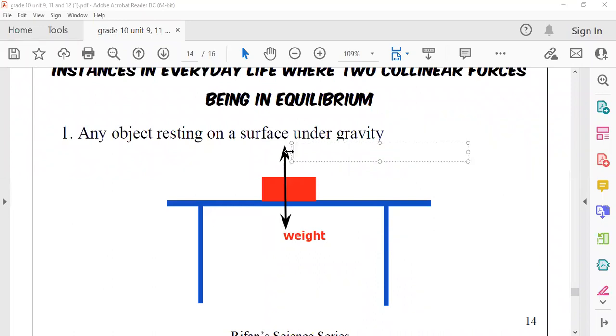The upward force working is called normal reaction. Weight and normal reaction are equal in value, opposite in direction, staying on the same line of action. Isn't it enough to tell they are in equilibrium? Enough, sir. So this is the diagram you have to complete under that point.